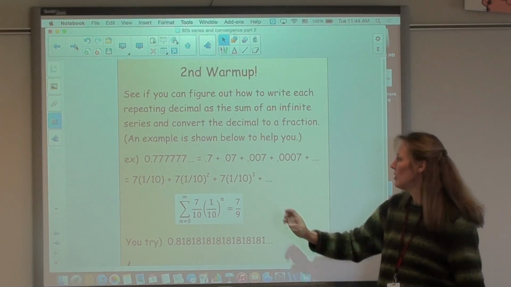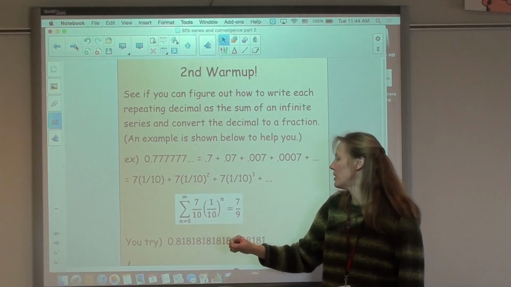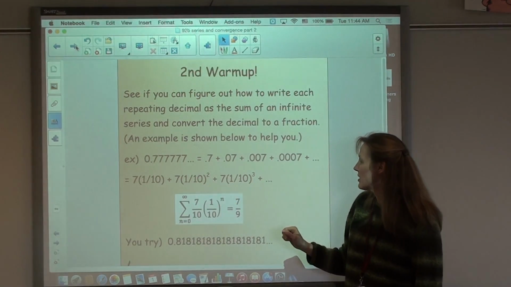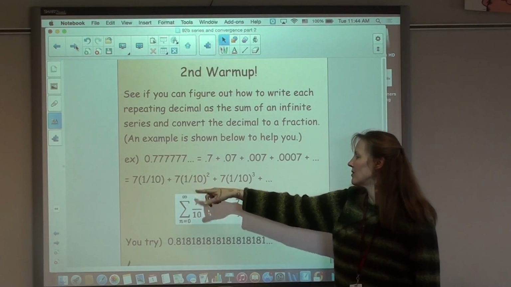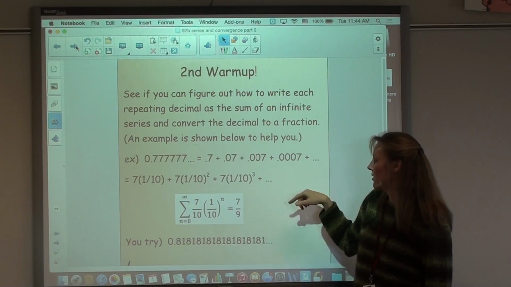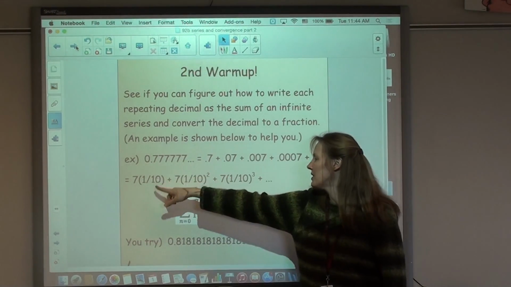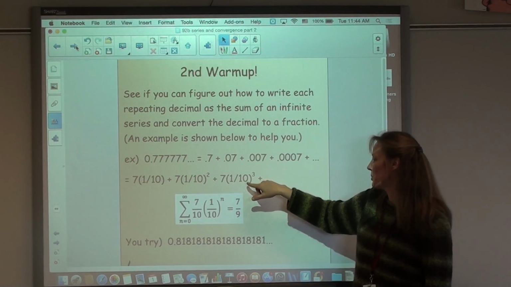So if you do that and think of it as, well, this is the same as 7 times 1/10, or 0.07. I really should have done it with 0.7 and then 0.7 times 1/10 and then 0.7 times 1/10 squared. But anyway, I did. So there you go. So you have 7 times 1/10 plus 7 times 1/10 squared plus 7 times 1/10 cubed.